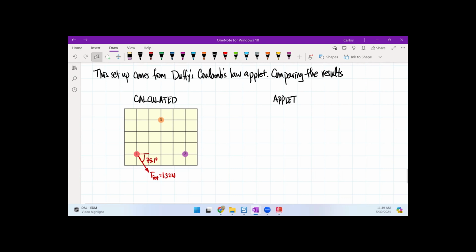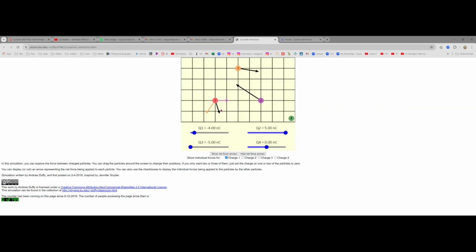Now, if I do a different share and go to the Duffy app, you can see here that if I focus on charge 1, I have this combination, which is exactly what we already showed.